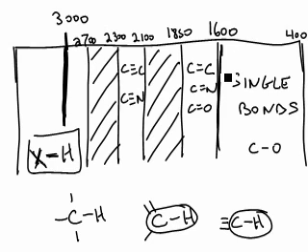And generally what you're going to do when you have an IR spectrum is draw a line at 1600 and draw a line at 3000. Ignore everything to the right of 1600 except for a few signals that you might be looking for, and then focus the rest of your attention on everything above 1600. Look for the double bonds, look for the triple bonds, then draw a line at 3000.